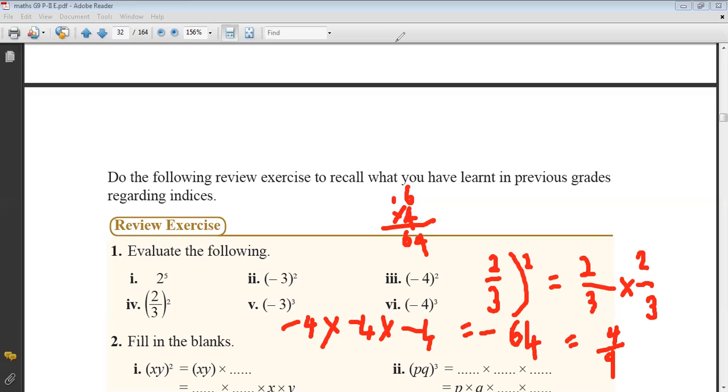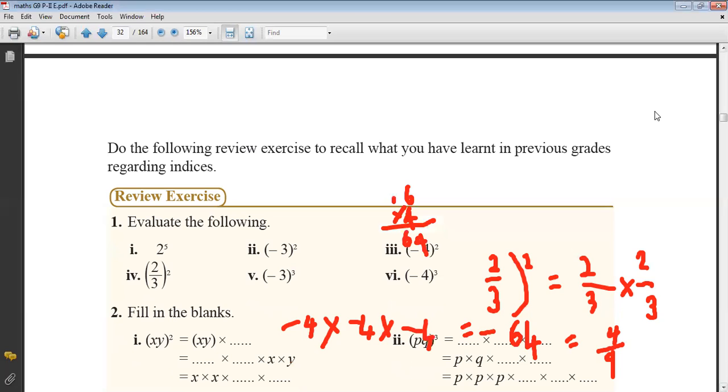Let me explain the concept. Now here, negative and negative: what should we do? When you add negative and negative, you have to add them, but it doesn't change the symbol.